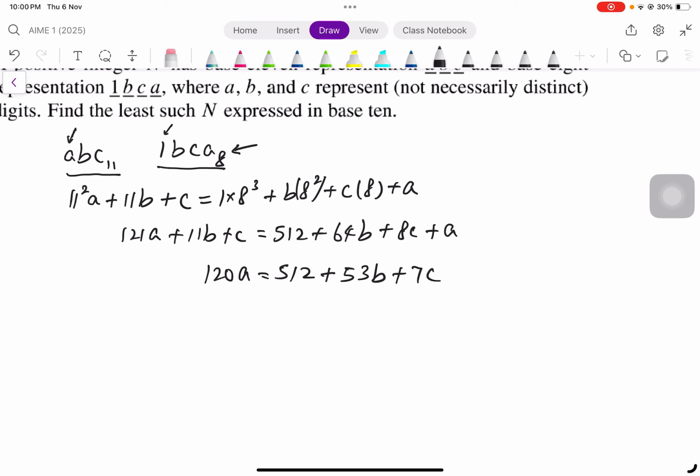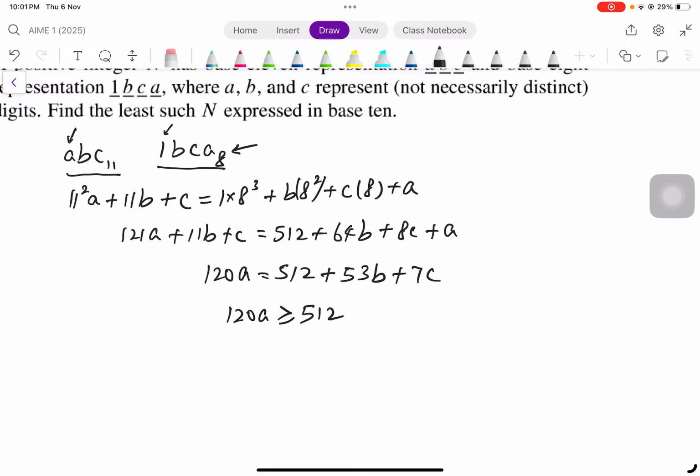In this case, 120a is definitely greater than 512.